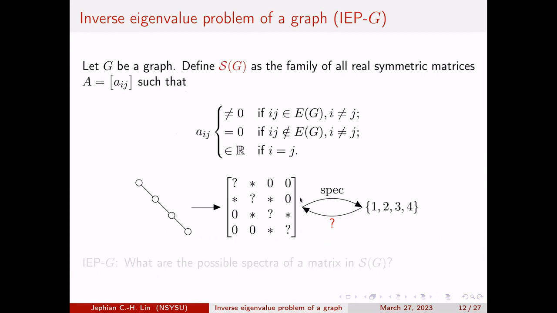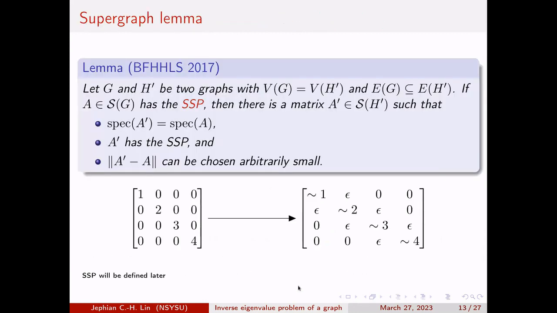The overall idea is now: give me a graph, and give me some real eigenvalues, and I'm trying to construct a matrix that looks like this, with the given spectrum. These techniques were developed quite recently, and basically the idea is to perturb the matrix in a nice way.